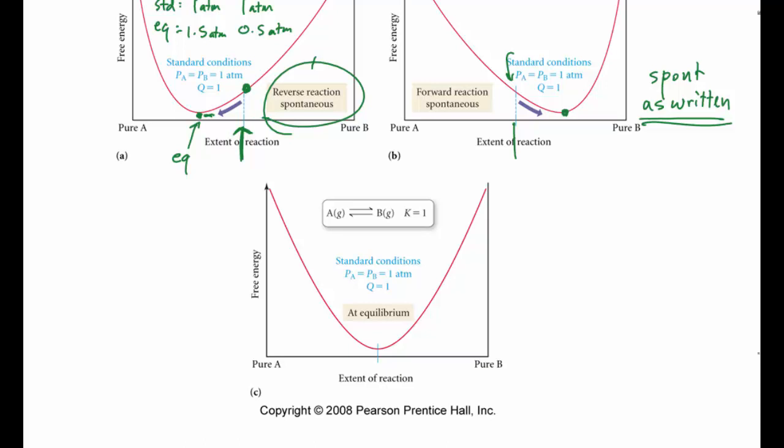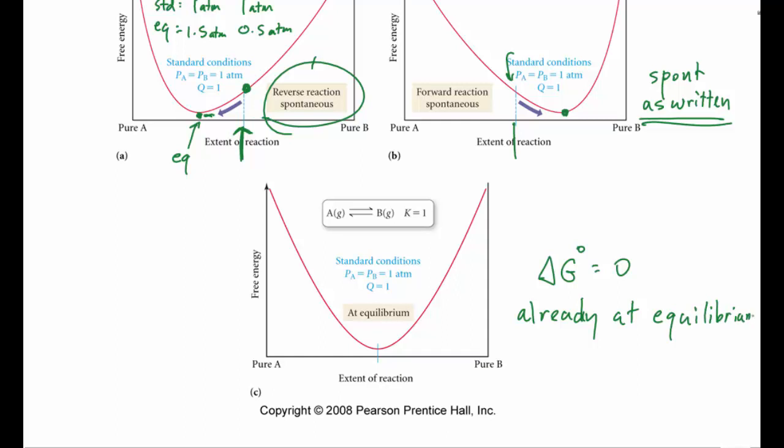Okay? If K equals 1, the standard delta G would be what? Because standard conditions start with the same thing. So if K equals 1, delta G is 0. Okay? Delta G is 0 because we're already at equilibrium. And delta G standard, okay?